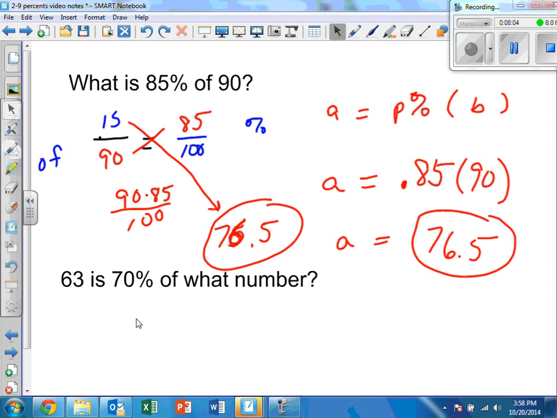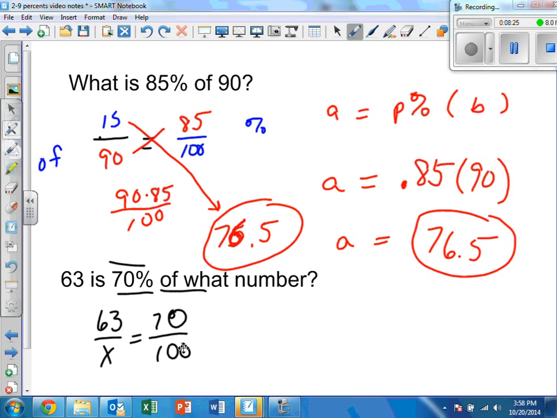I like is over of most of the time. Oops, down here. 63 is, that's my top number. Of what? That's the one I don't know. 70%. Oops, 70. That's supposed to be 0. Percent per 100.